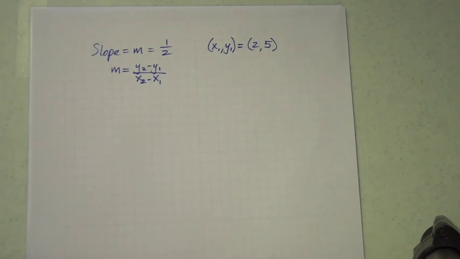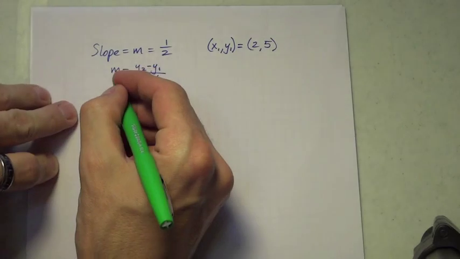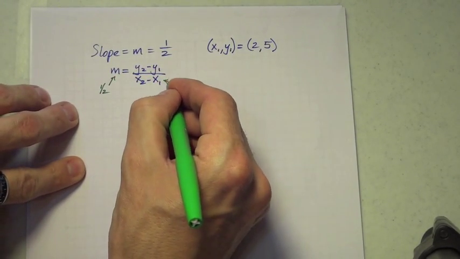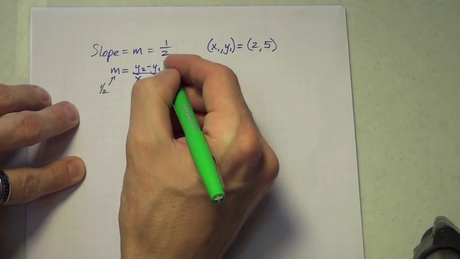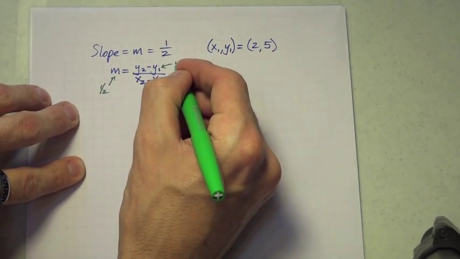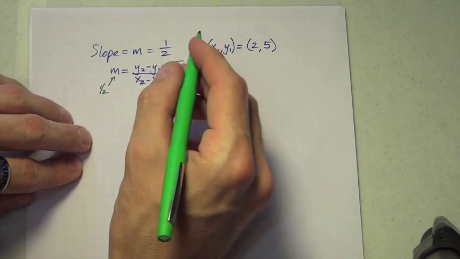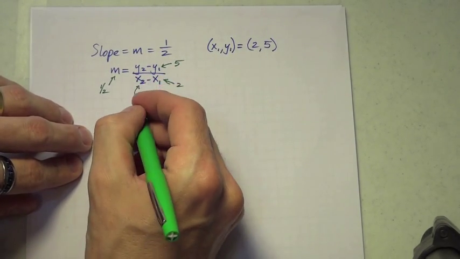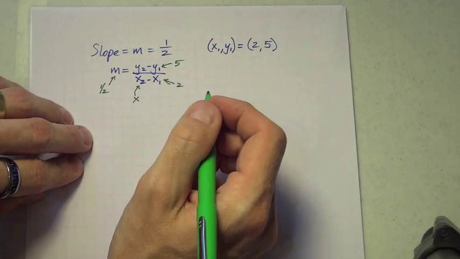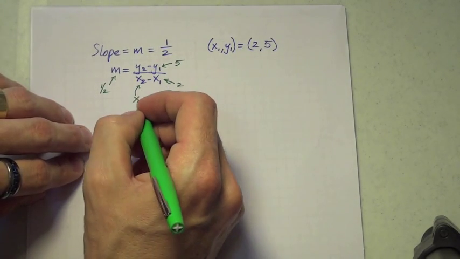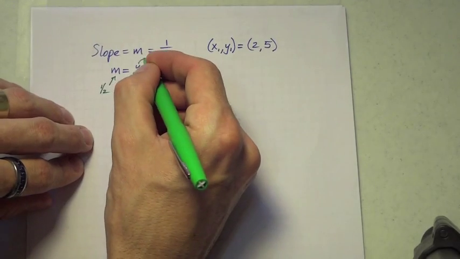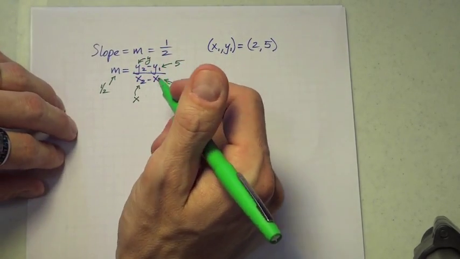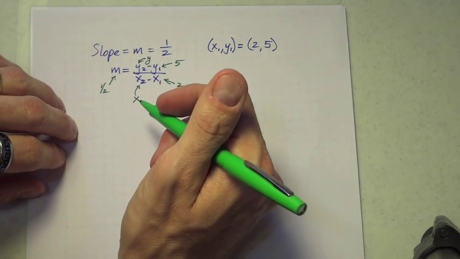We're going to substitute in the slope of 1/2 here. We're going to substitute in x1 of 2 and a y1 of 5. For x2, we are just going to put in its place the general variable x, and the same here for y. We're just going to put y, because what we are trying to do is develop a general equation of the line.